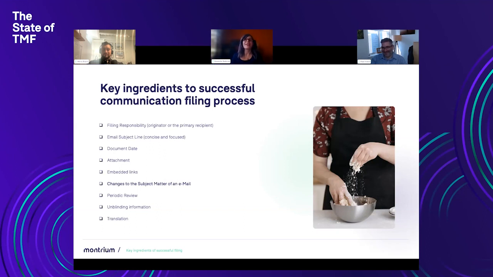So basically you wrote everything in Italian. Then the study was moved to another study team, based in France. And obviously nobody was speaking Italian. So they were not able to understand all the relevant communication filed in the TMF. They were not able to perform QC. They were not able to understand the story.